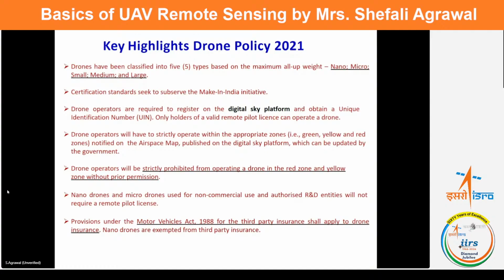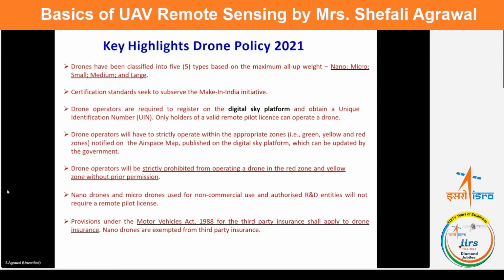Importantly, all drones must comply with a no permission, no takeoff system, which is implemented using the Digital Sky Platform. This means that unless the portal grants you approval, the drone cannot start. All drones which you buy have an inbuilt NPNT firmware.